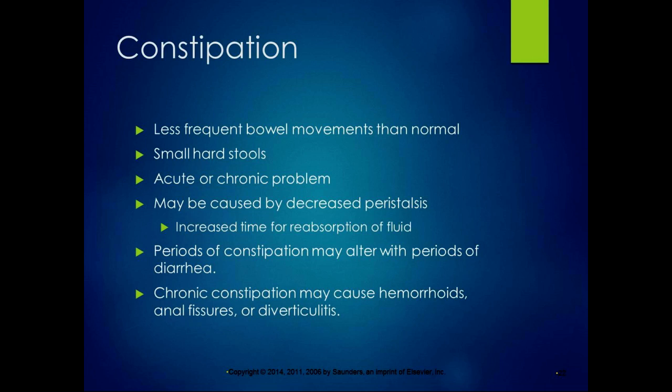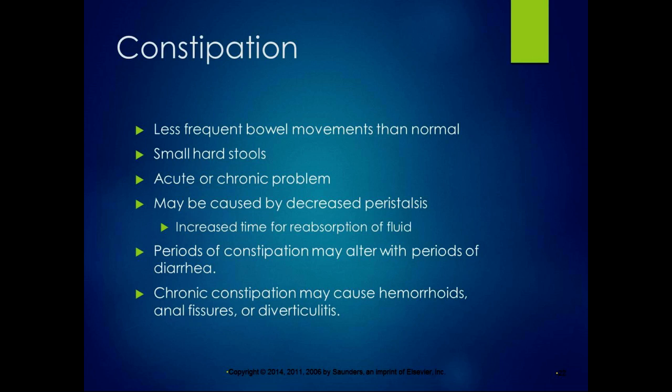Constipation is sort of the opposite of diarrhea. It's less frequent bowel movements than normal. A lot of times there's less fluid in it, so you get small, hard stools that are difficult to pass. Constipation, just like diarrhea, can be an acute or a chronic problem.